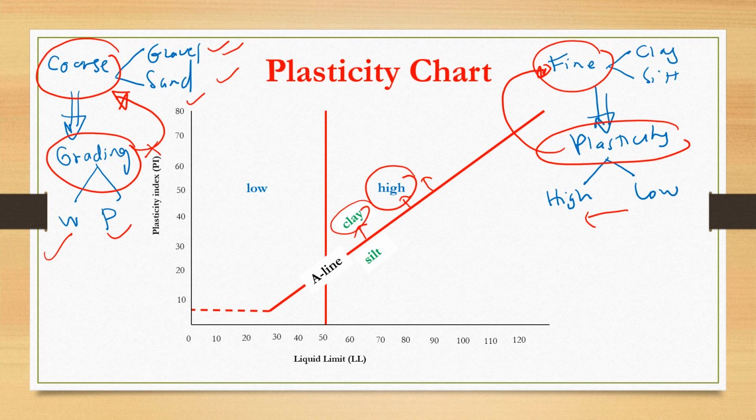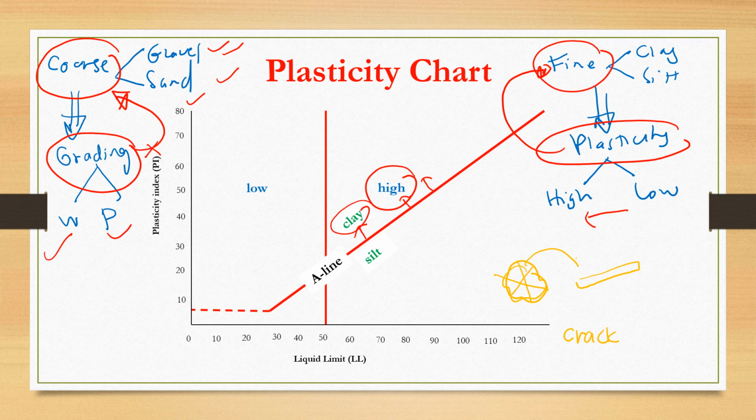When they roll the sample, initially they make the sample into a ball shape, then take certain portions and roll it into a thread, and they need to observe the appearance of cracks. Again, you have to observe the appearance of cracks.